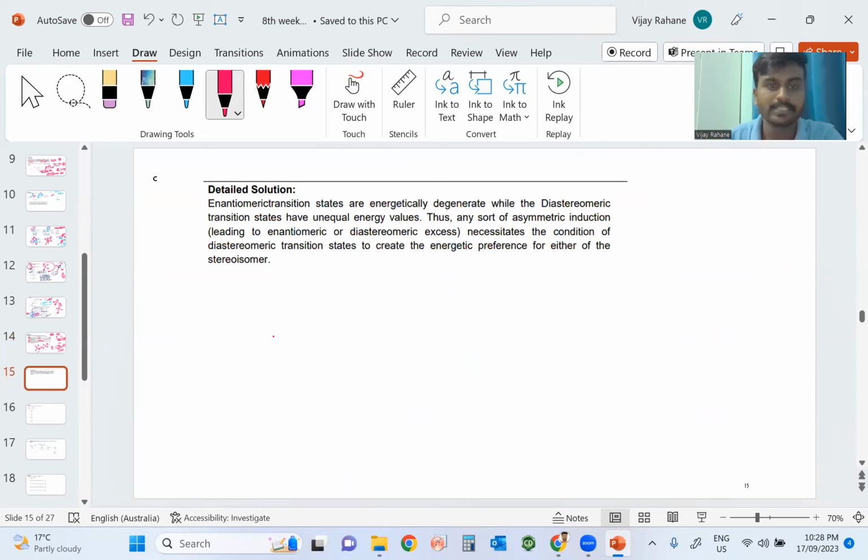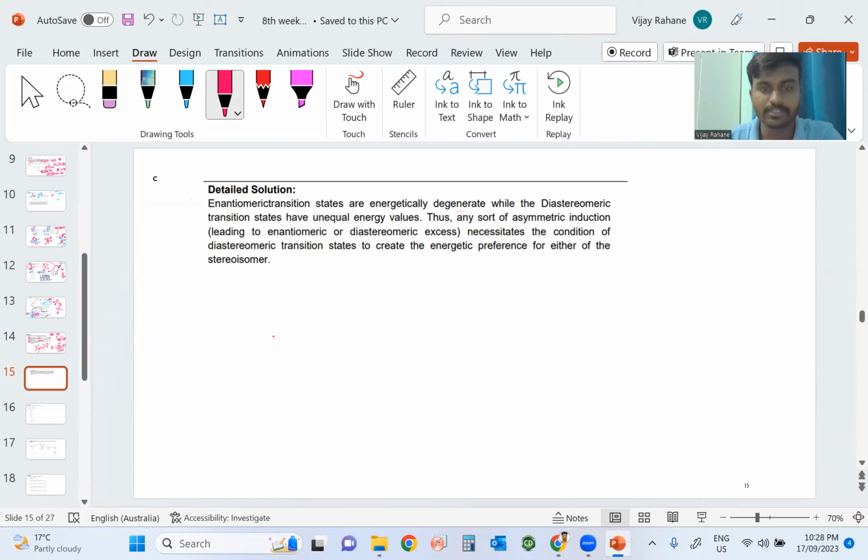So for that, the explanation will be, as I will just draw here, the enantiomeric transition states are energetically degenerate, while the diastereomeric ones have different energy values.